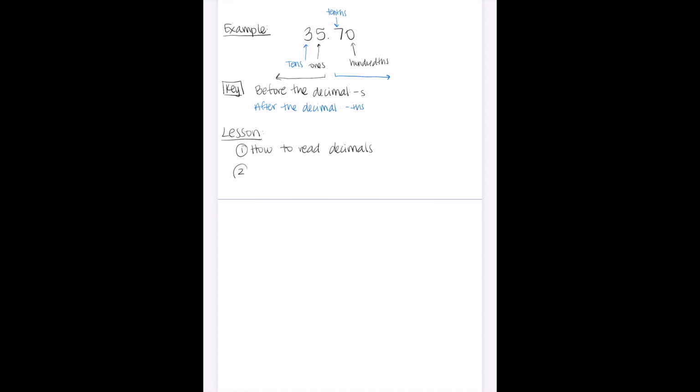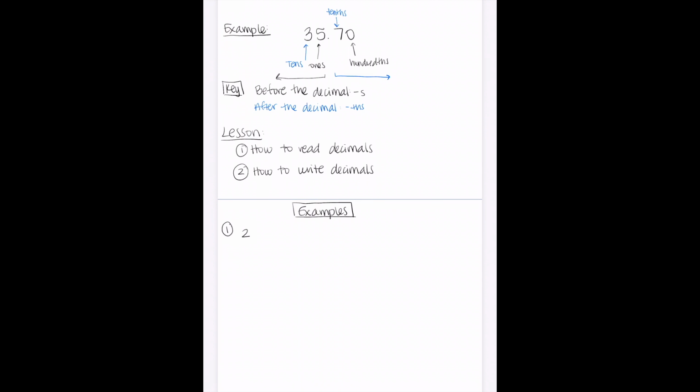What is that in words? And the second part, how can I write decimals? If I am given the words, how can I go from the words to the numbers? These two skills are very important. They're going to build our foundation for all the further videos to come, so we're going to do some examples to be strong on that.